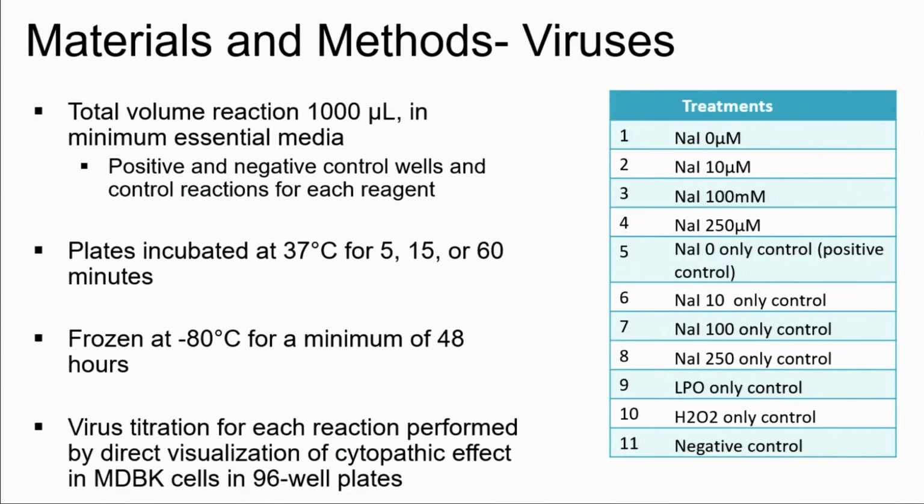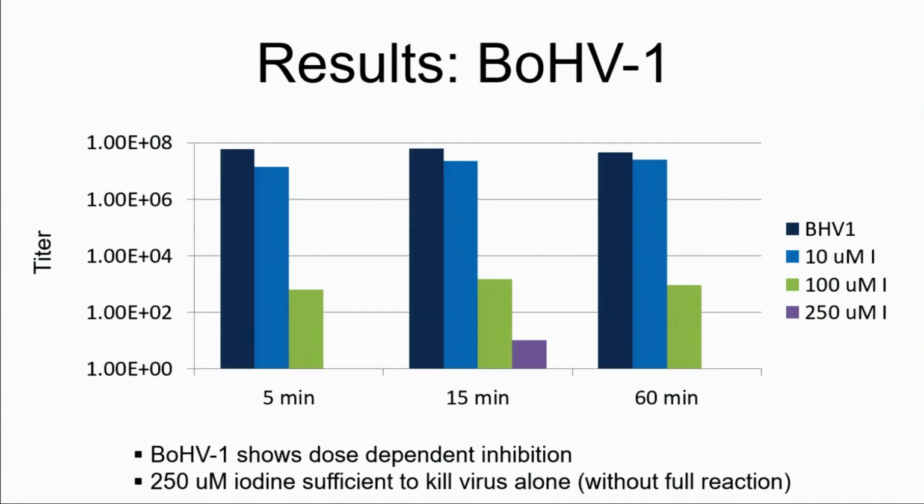The experimental conditions were very similar to what we used for the bacteria, although I will just point out that the concentrations of sodium iodide were slightly different due to a slight miscommunication between him and I when we were setting up these experiments. So it's not as pretty as I would like it to be. And virus titration was performed by direct visualization of cytopathic effect on MDBK cells.